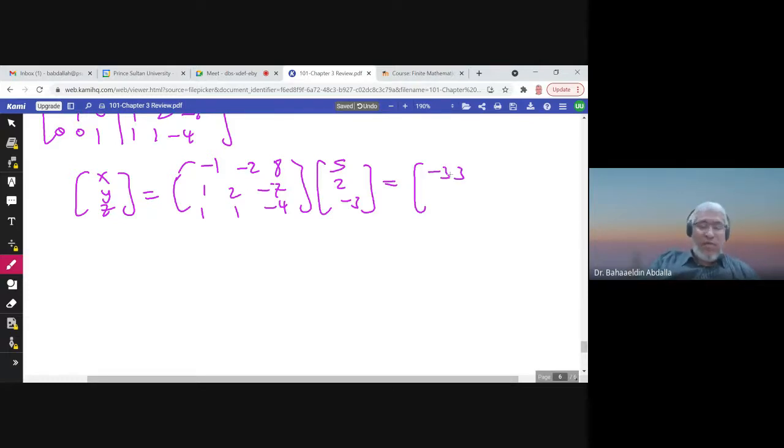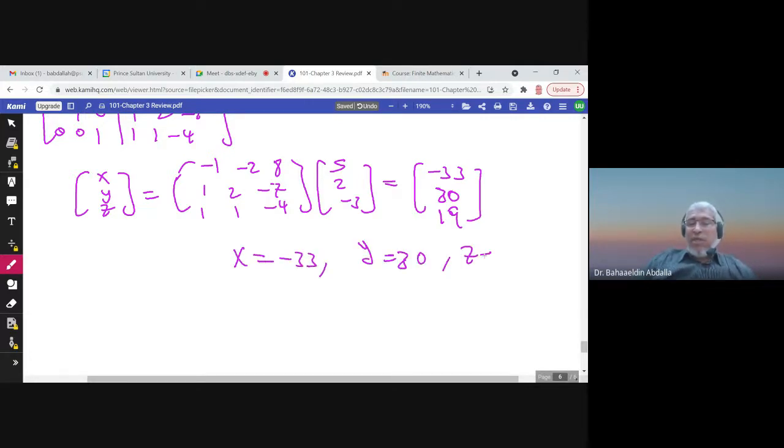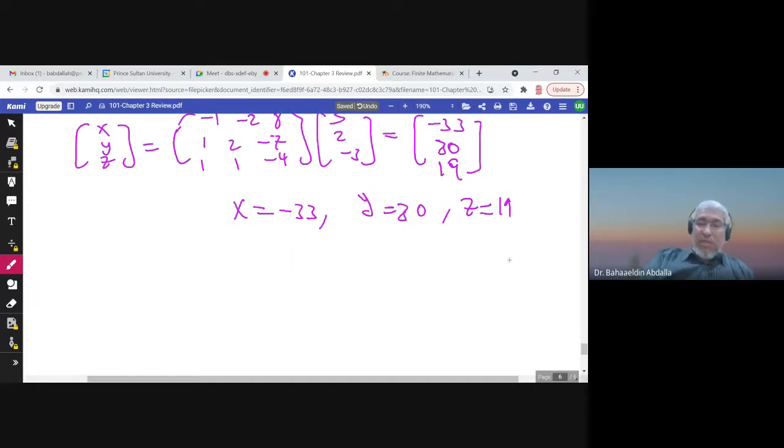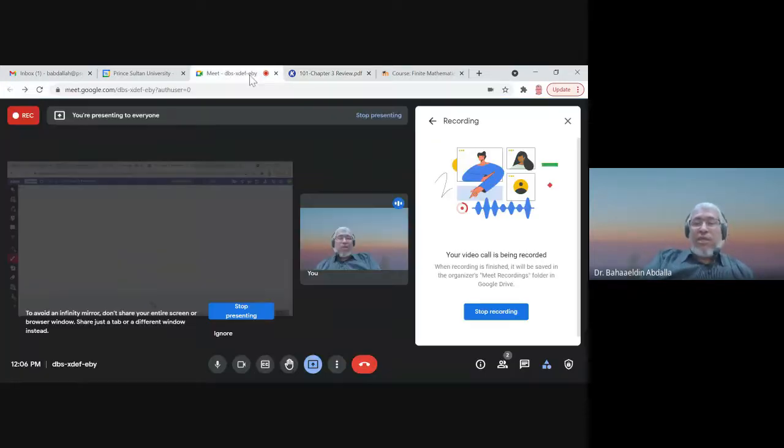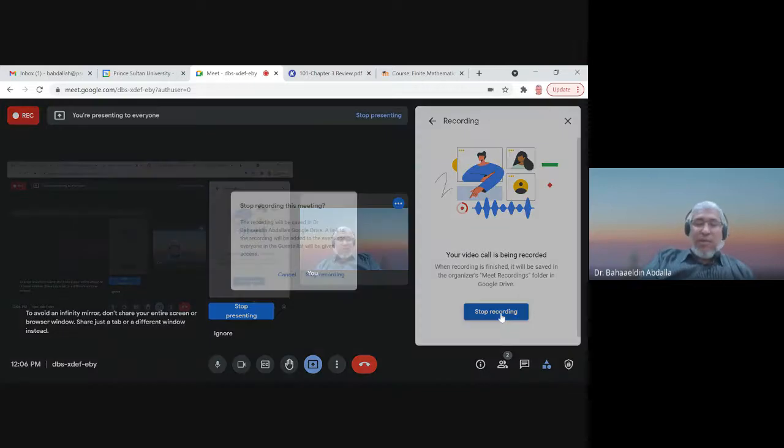And 5 plus 4 plus 21, that's 30. And 5 plus 2 plus 12, that's 19. So x is -33, y is 30, and z is 19. And this is the end of this exercises.